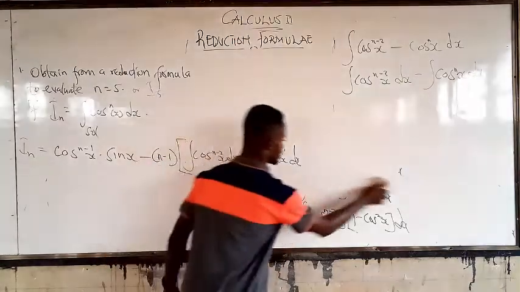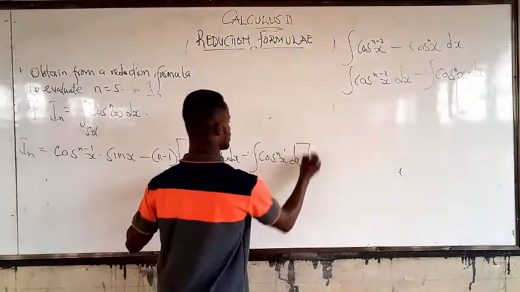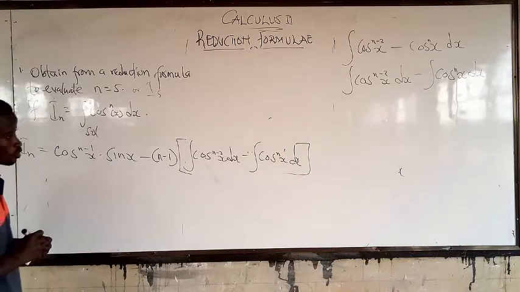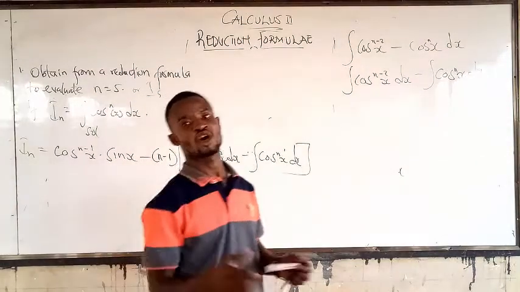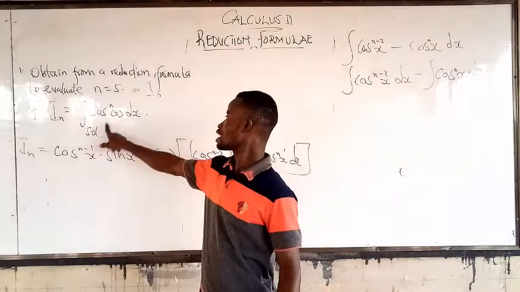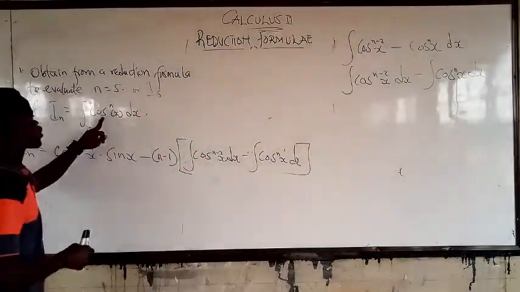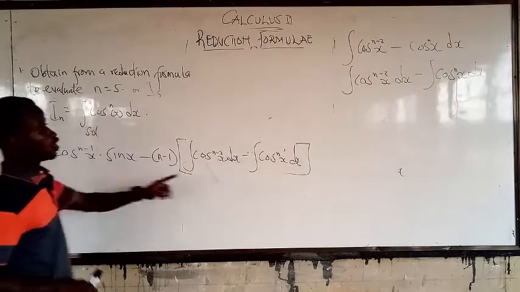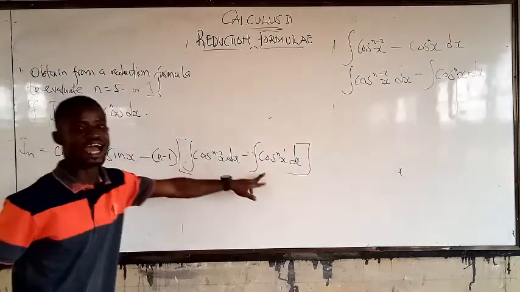Now I can put this back. But remember that this is affecting the whole of the inside. Why do we say that In is equal to this? Because the power here is n. That is why we bring In. So now watch. In the same cos and n, looking at what we have here, it's the same as what we have here. So we can say that this one is In.